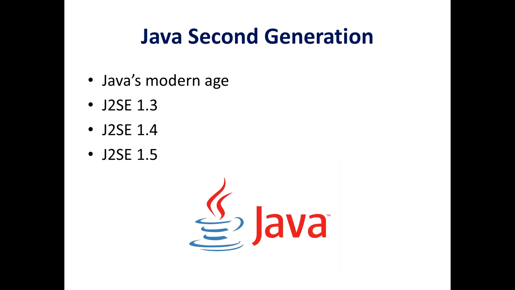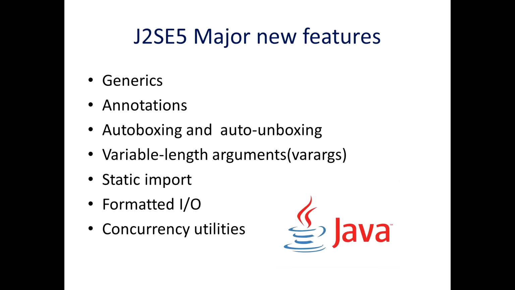The next release of Java was J2SE 5, and it was revolutionary. Unlike most of the previous Java upgrades, which offered important but measured improvements, J2SE 5 fundamentally expanded the scope, the power, and the range of the language. To grasp the magnitude of the changes that J2SE 5 made to Java, consider the following features, which I have mentioned here.